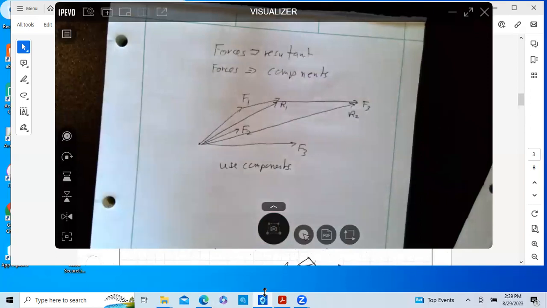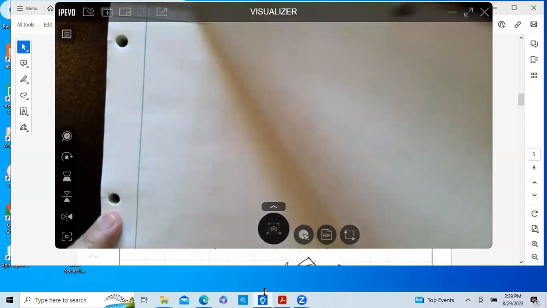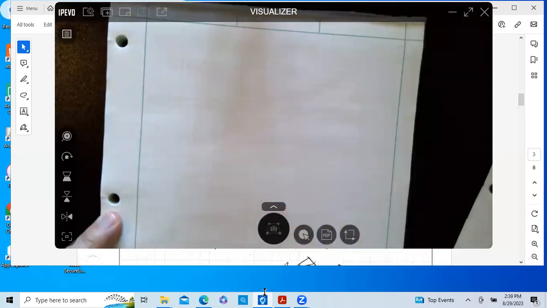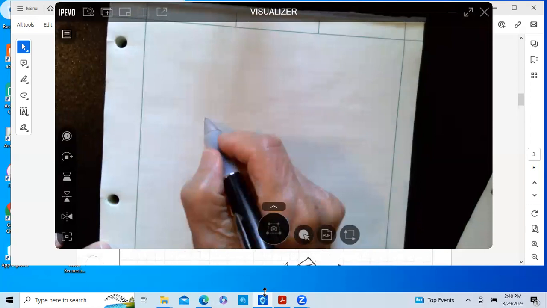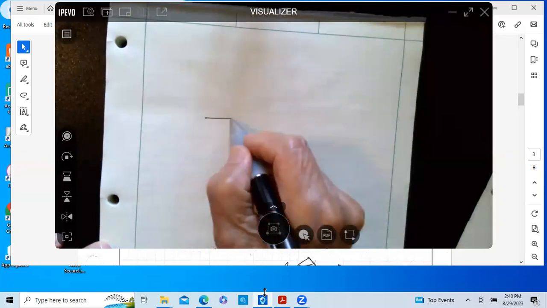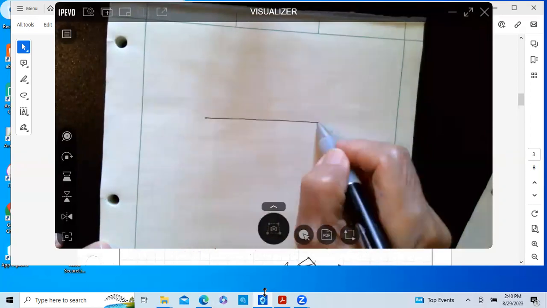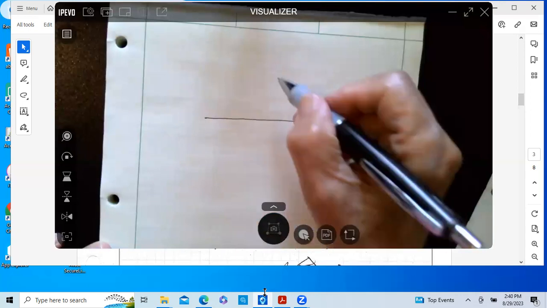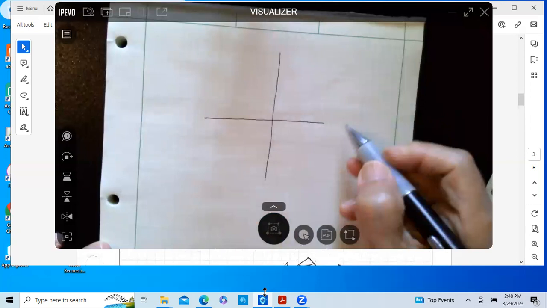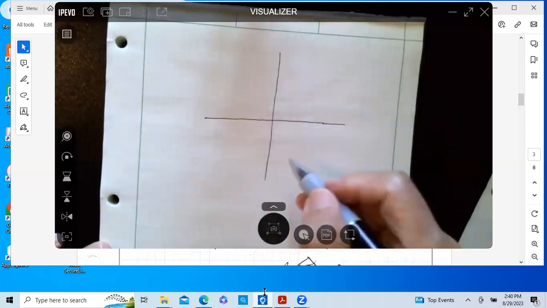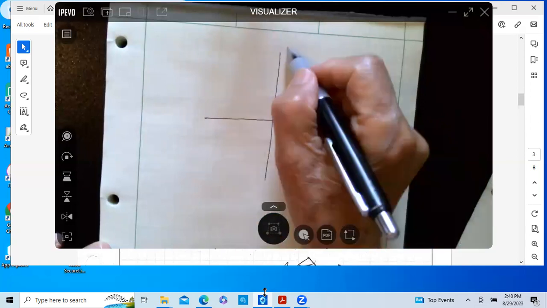And let me show you. I have an axis system, x-axis, and here's my y-axis.